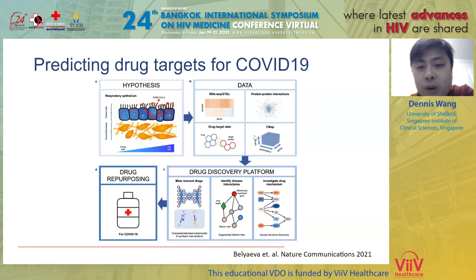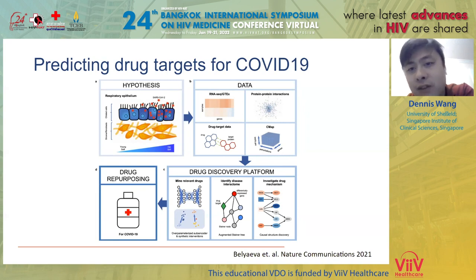The aim of this approach is to use a class of deep learning techniques called autoencoders to identify drug signatures that can reverse the expression patterns that you see in infected SARS-CoV-2 cells.